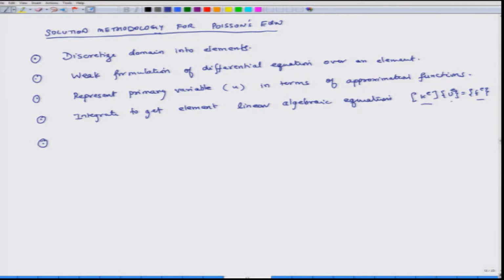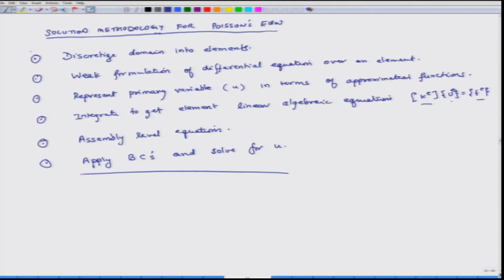Then what do we do? So now we have equations for all individual elements. Then we do assembly. So we develop assembly level equations, and then we apply BCs and solve for U. So this is what we do.